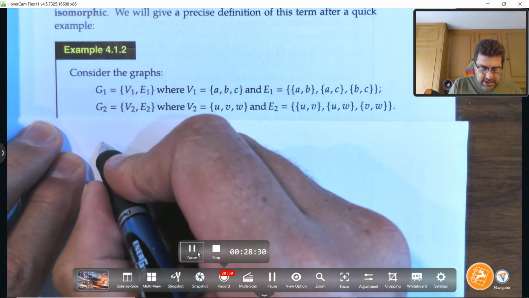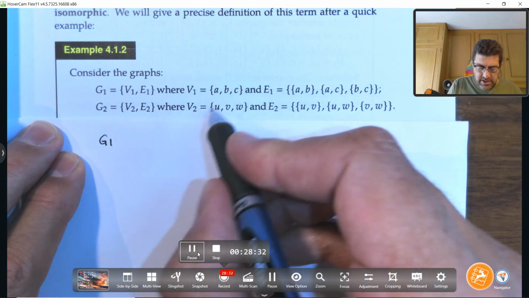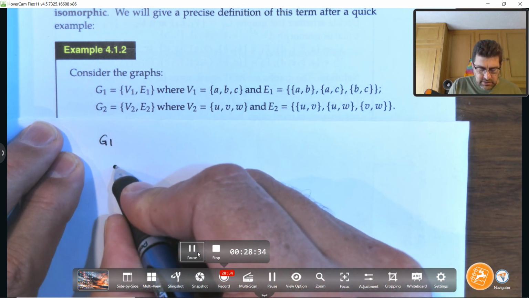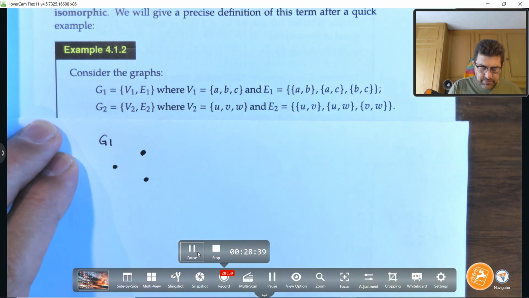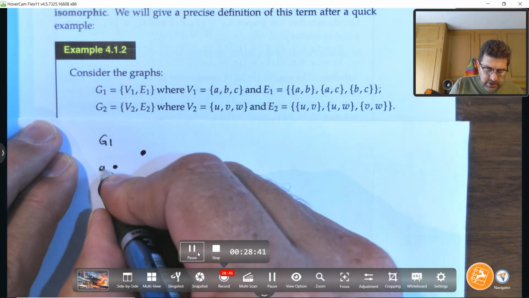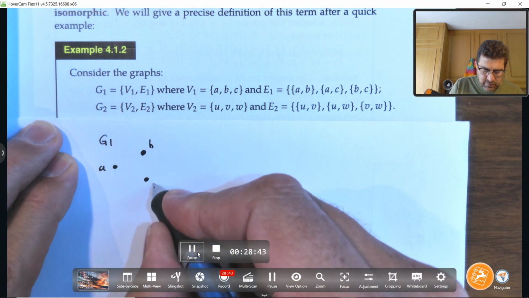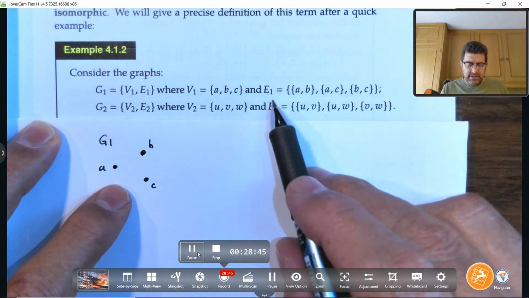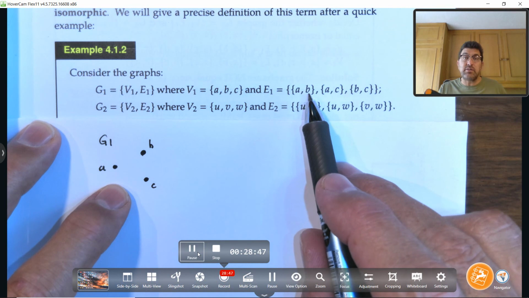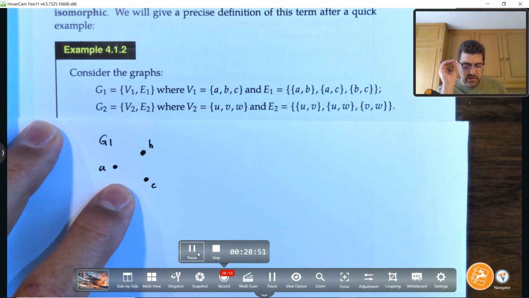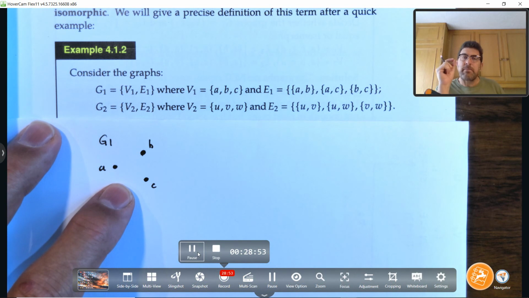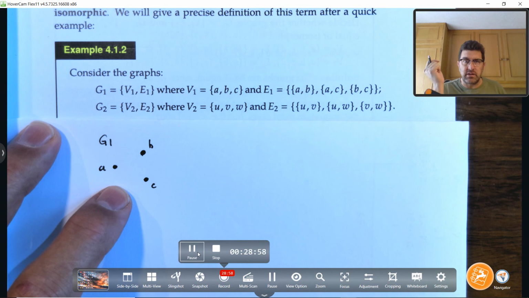So let's look at graph 1. There are 3 vertices. I'm just going to do this: 1, 2, 3. We're going to call this vertex A, vertex B, vertex C. And then we're going to look at the edges to see which ones are adjacent. Before we do this, let's just talk about what we have to do to see whether the graphs are equal.